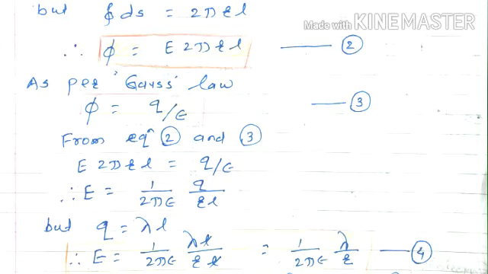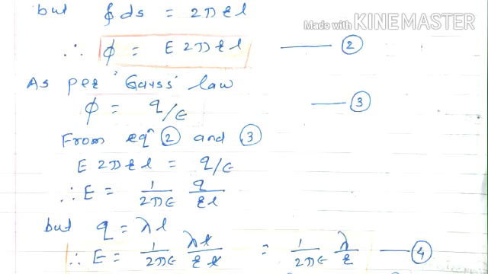So if we compare these, we get E 2 pi small r L equals Q upon epsilon. Now rearranging this in terms of the electric field intensity, E equals 1 upon 2 pi epsilon into Q upon small r L. This is the value of electric field intensity outside the conducting wire.